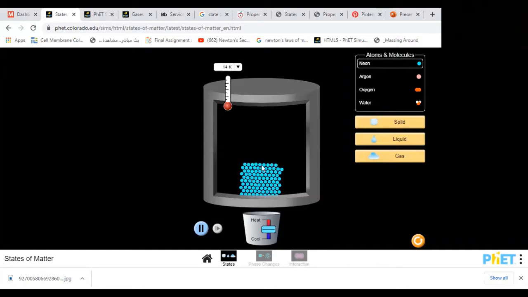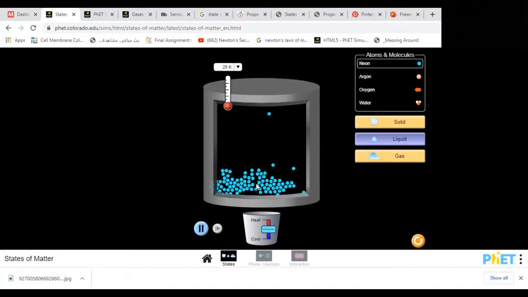Okay, this is the solid. Let's go to liquid. How can you see them? What about their distance? Exactly. The distance is a little bit farther from each other relative to the solid. At the same time, can you see they are passing above each other?